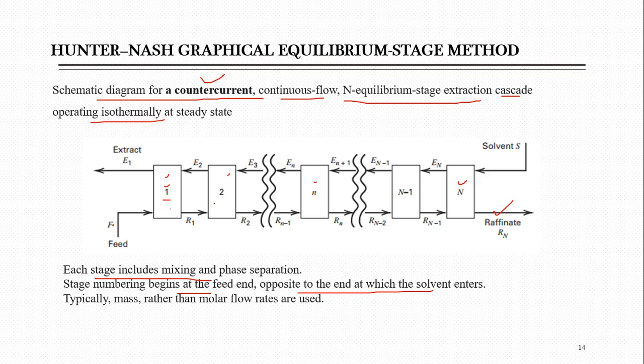Maybe you can even reverse it, no problem, but when we are going for the derivation, to be consistent with the book, we are going to use this same convention.